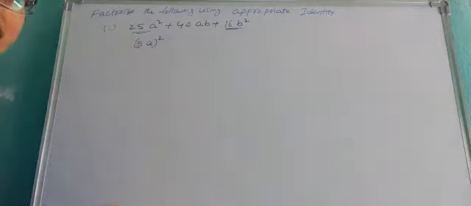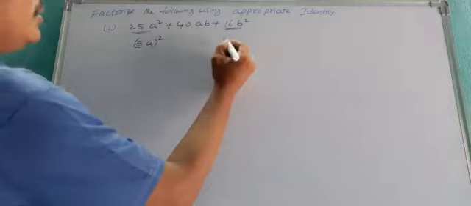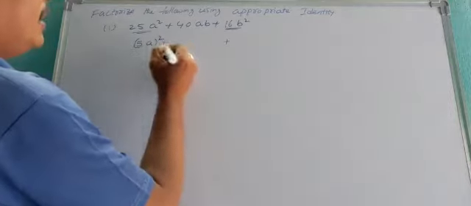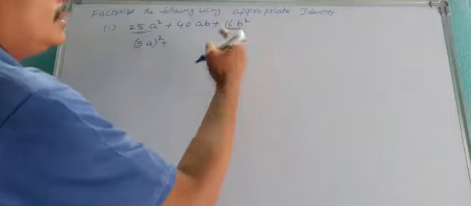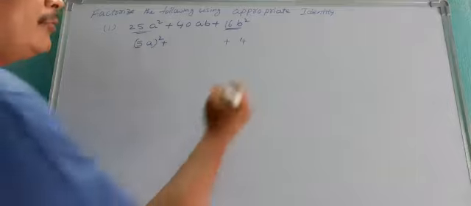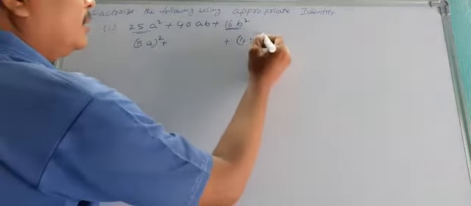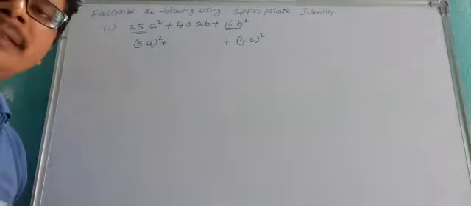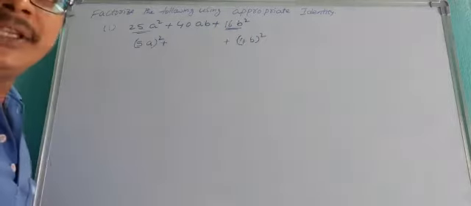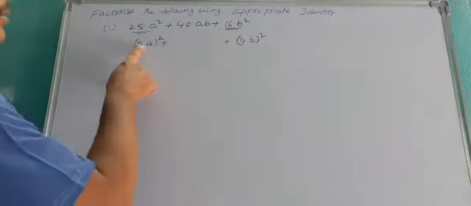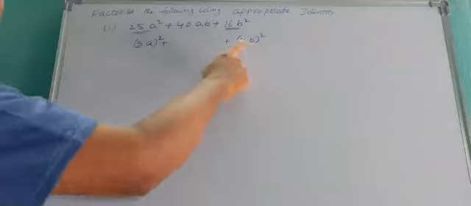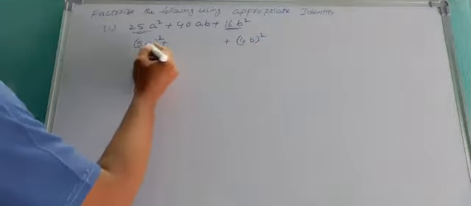Last one, 16 is a perfect square, 4 square, (4b) whole square, which means 16b square. So you get a square and b square.